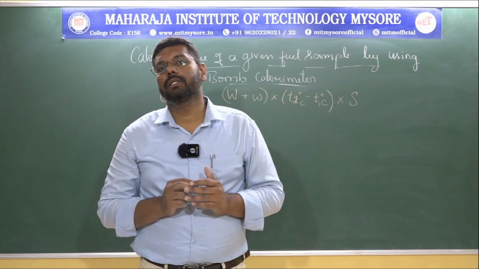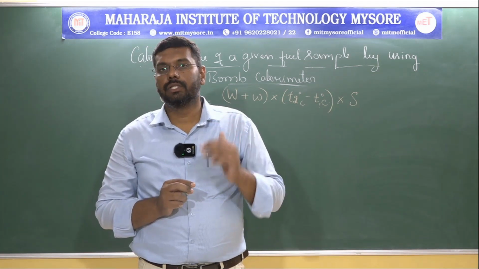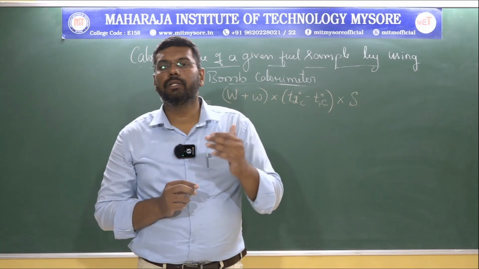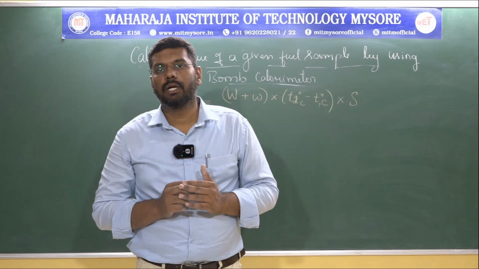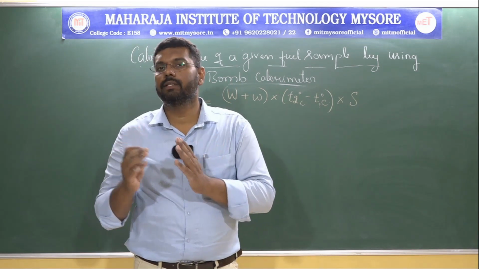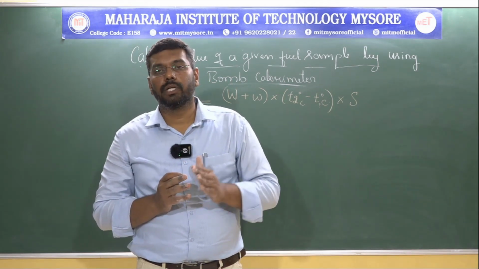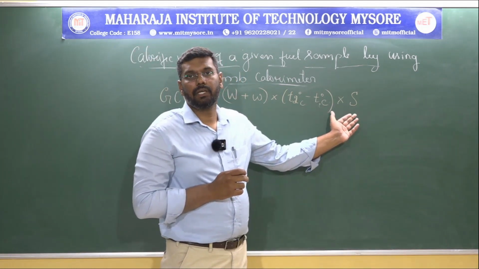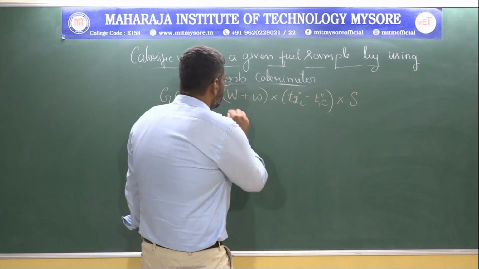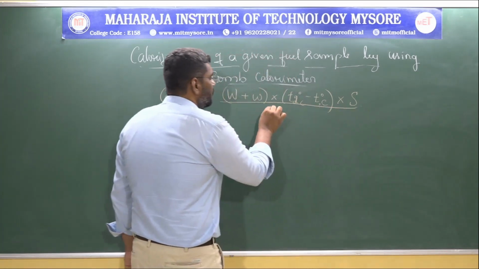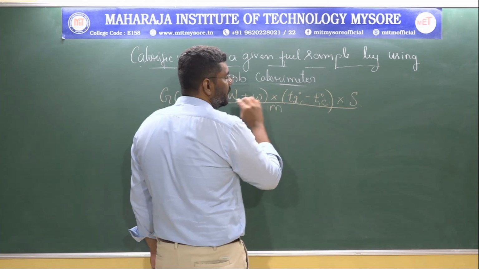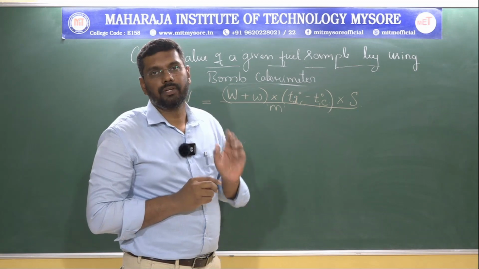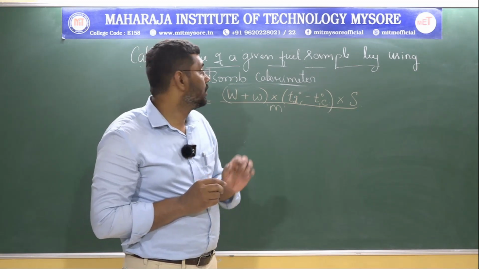During condensation, the steam is converted into water at 100 degrees centigrade, and the heat released in this process is also considered, hence we multiply by the specific heat S. This overall is divided by M, where M is the mass of the fuel.